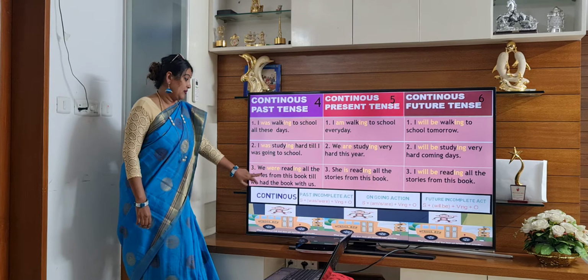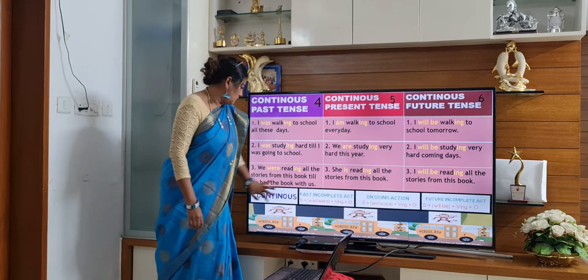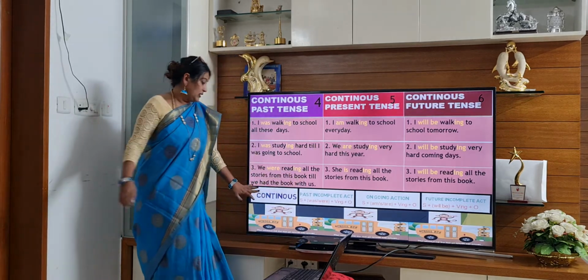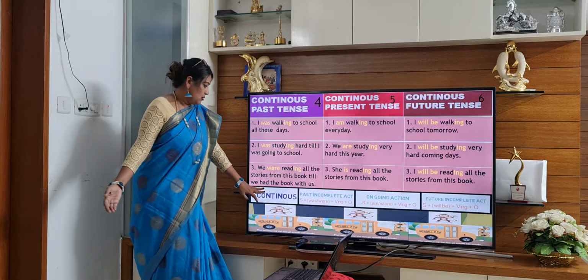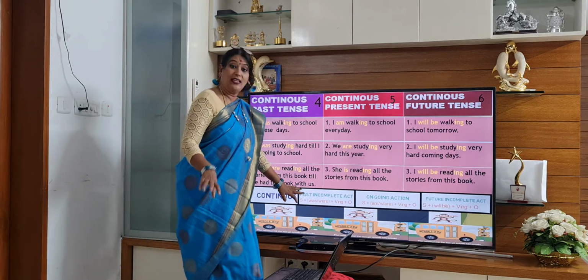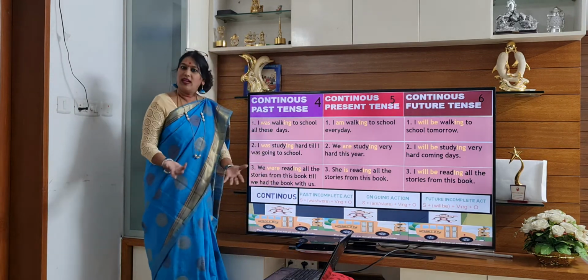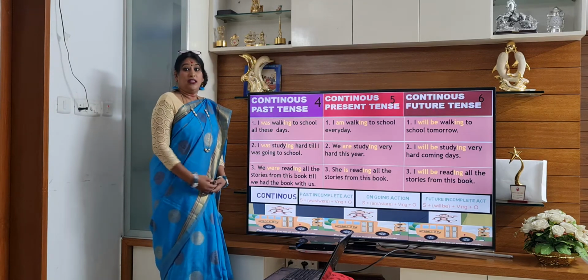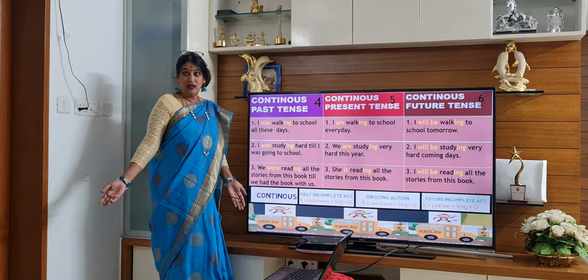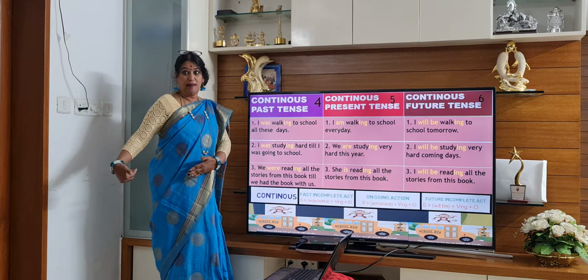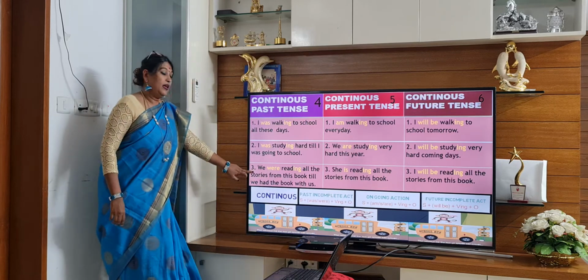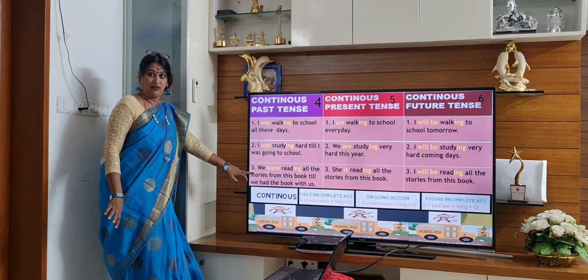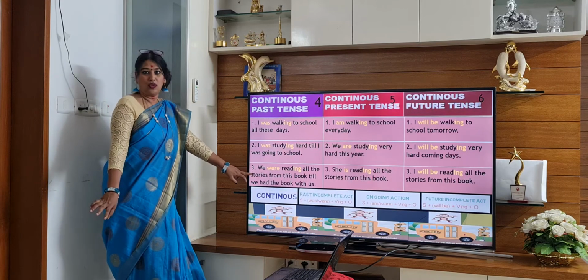Now were. We were reading all the stories from this book till we had the book with us. That means they would have taken the books from the library. As long as the books were there with them, they were busy reading the stories.